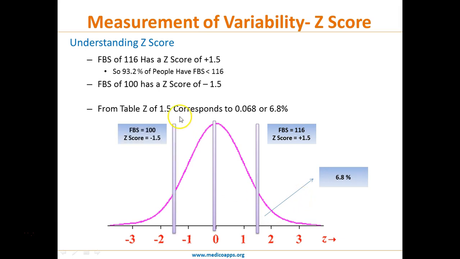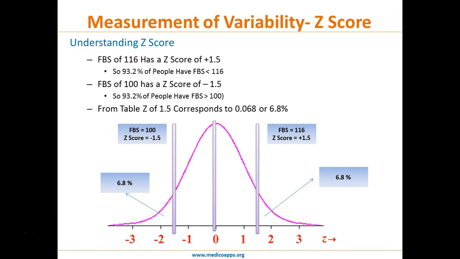And for a fasting blood sugar of 100, Z-score of minus 1.5, this area is 6.8%. So a Z-score of 116 actually means that only 6.8% of the values will be more than this. All the rest of the values will be less than this.